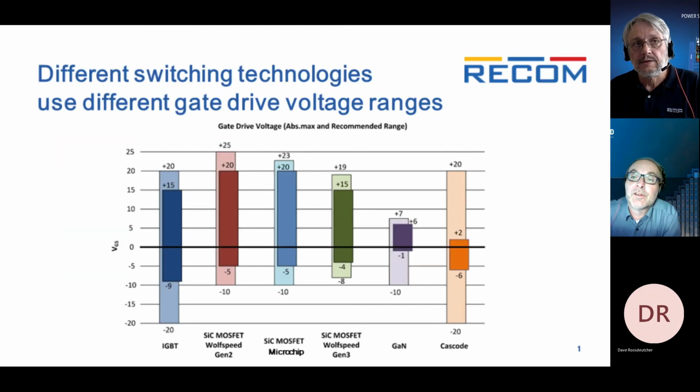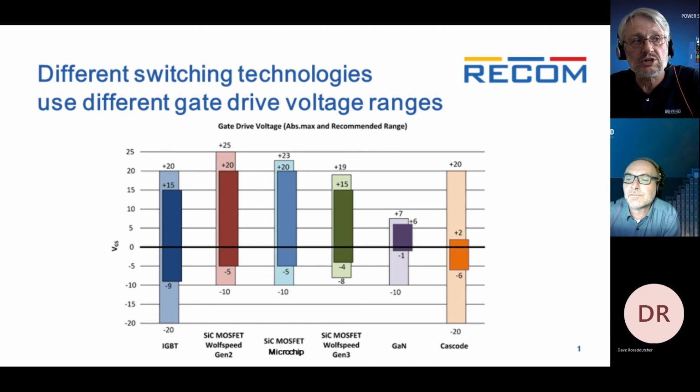Yeah. The problem here, as you see here, is that the headroom between the recommended voltage range of the gate drive and the maximum voltage is very limited. The old IGBT, you can see here, was traditionally -9 to +15 drive, and it usually takes +20 to -20 without any problems.